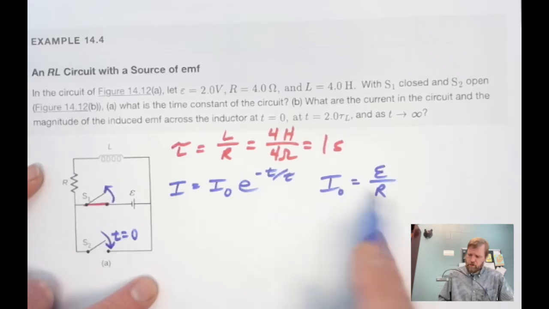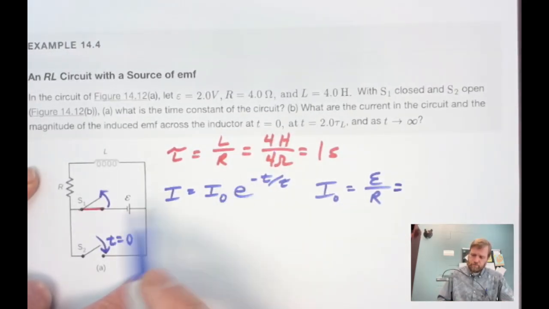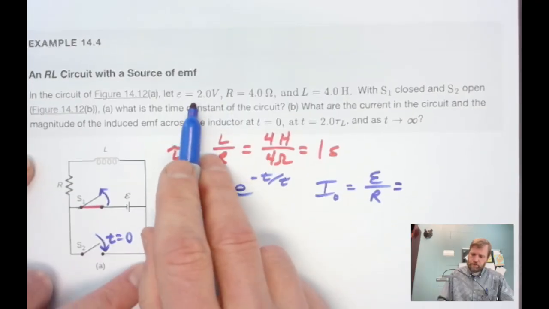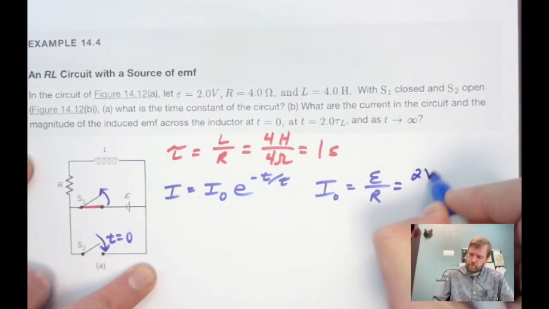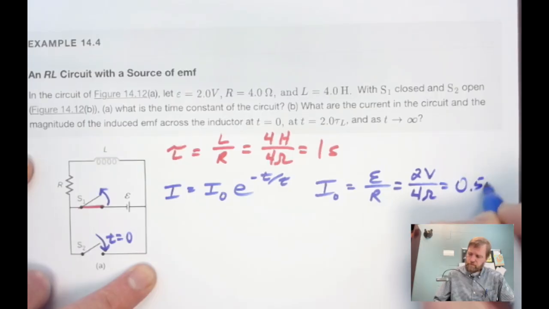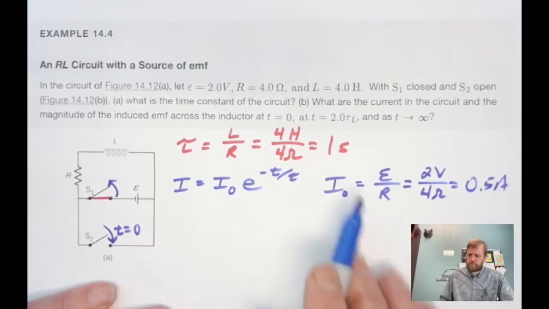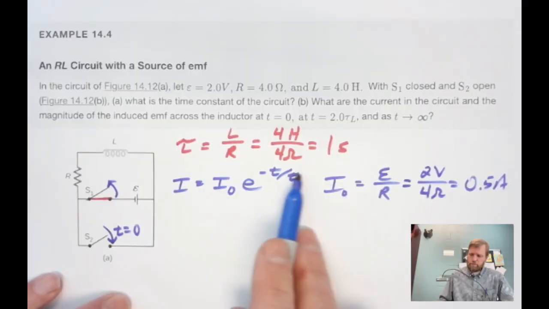All right, so we can solve for this I naught value, and we get 2 volts over 4 ohms, or 0.5 amps. Now we know all the pieces of this equation.